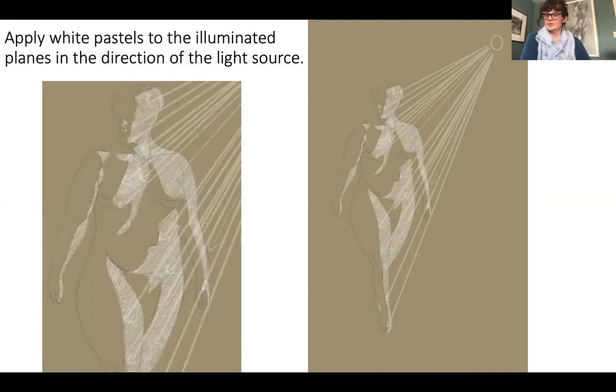Next, I'm going to start suggesting that those shapes are illuminated. To reinforce the fact that they're illuminated by a directional light source, I'm going to allow the directions of the marks that I use to illuminate the figure to relate really directly to the direction of these radiating lines that I drew initially. So you can see my directional hatchwork is staying very regular.